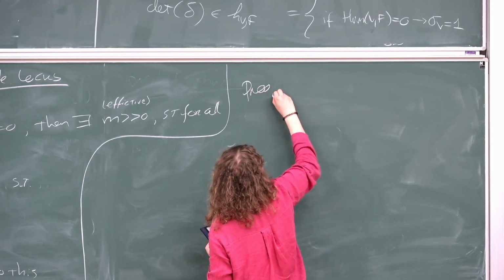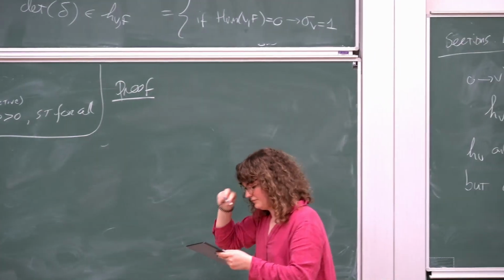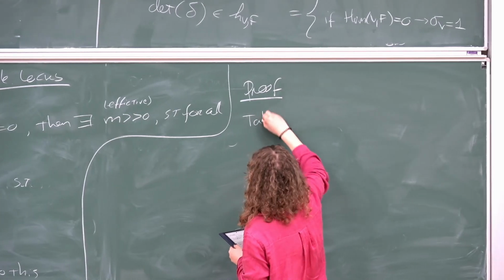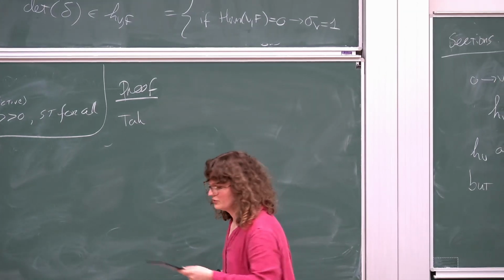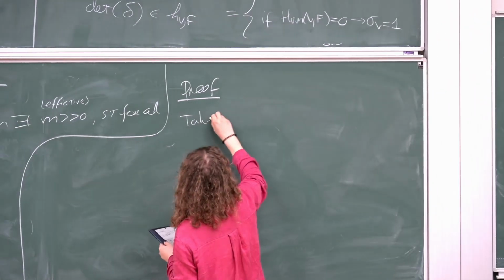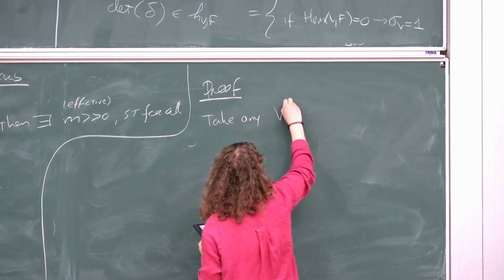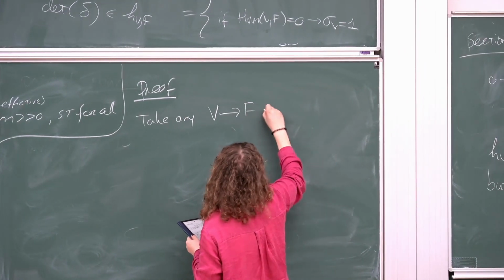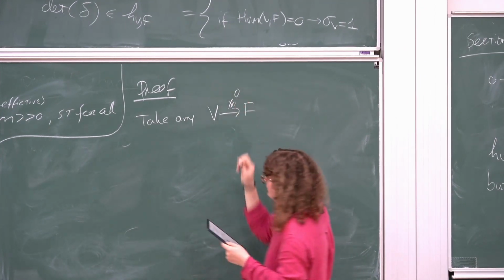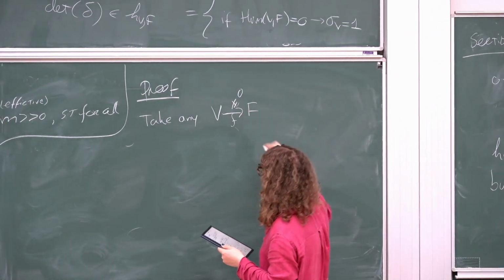So, proof. Let's say we have a V that doesn't work, so apparently it's not general. So take any V with a map to F which is not the zero map. Let's call it little f.